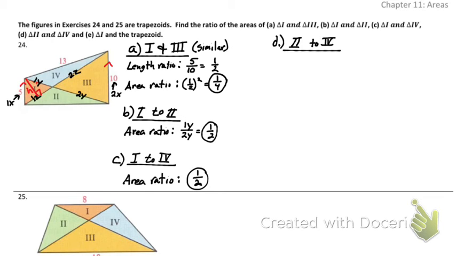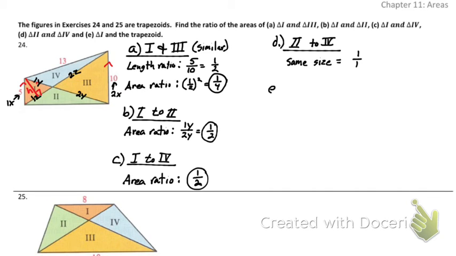If I look at someone, they're half my height, and I look at someone else and they're half my height, what do we know about those two people? They are the same size. So if 1 to 2 is 1/2, 1 to 4 is 1/2, then 2 to 4 must be the same size. But that's going to mean that the ratio, if you had to do a ratio, would be 1 to 1, or just 1.